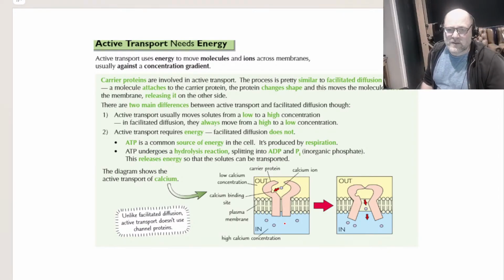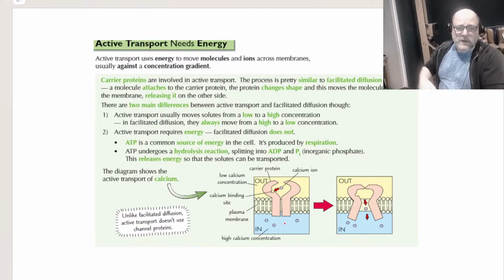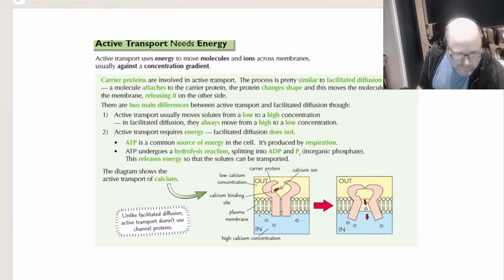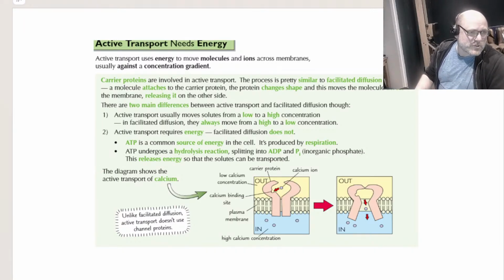You just have to know that facilitated diffusion is passive, and when we say passive, it means there's no net overall use of ATP. Anyway, that's a carrier protein, which is for active transport. I'm not sure what it was attached to there.